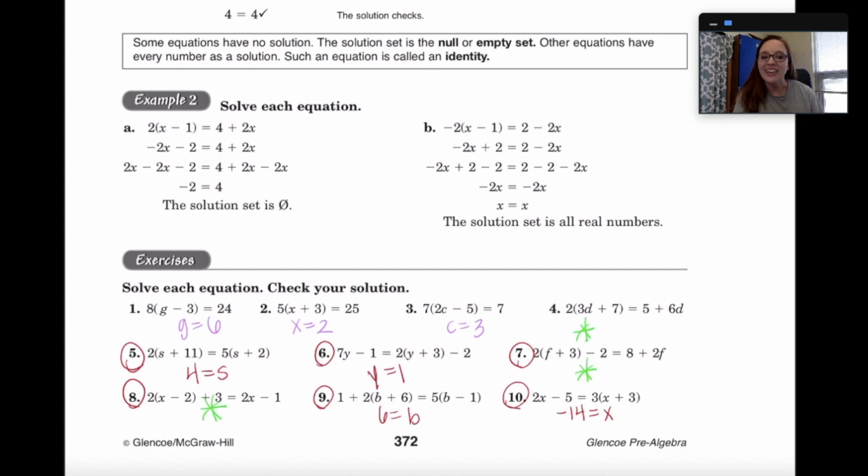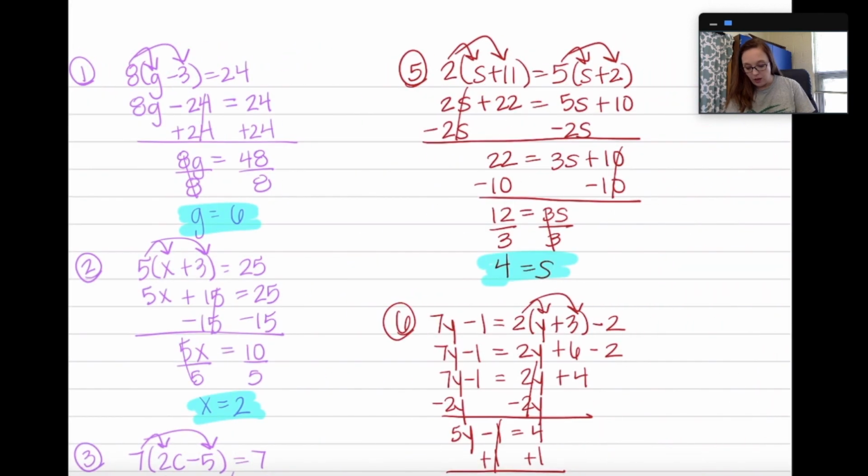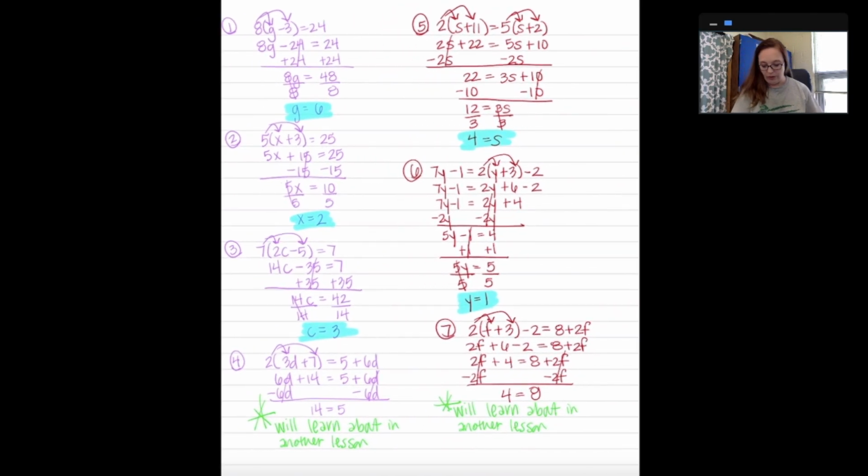Okay, welcome back. Here are the answers to 5 through 10. Notice that I put a star next to 7 and 8 because those are going to be those special equations. You may need to pause the video to get this information down. Here's the work for 5 through 7. Notice that in number 7, the variables canceled out.